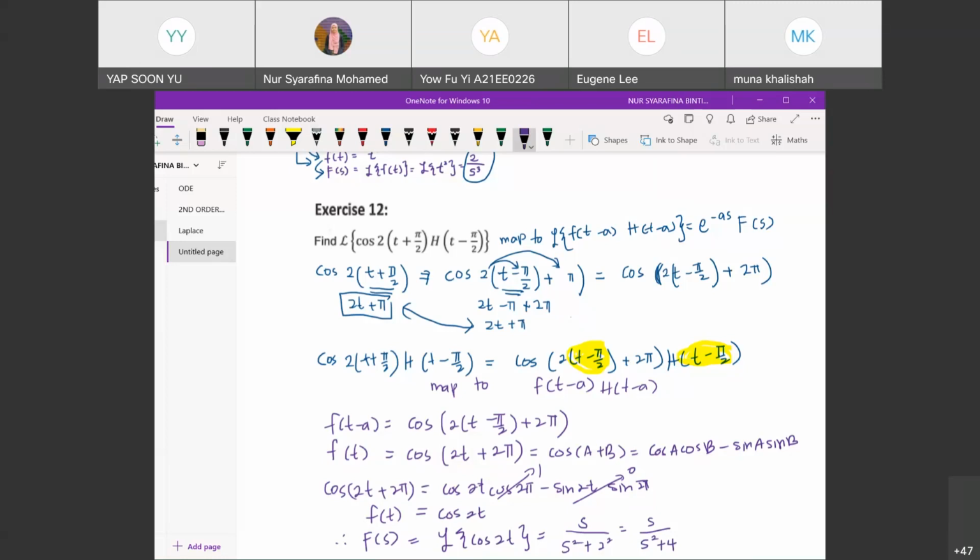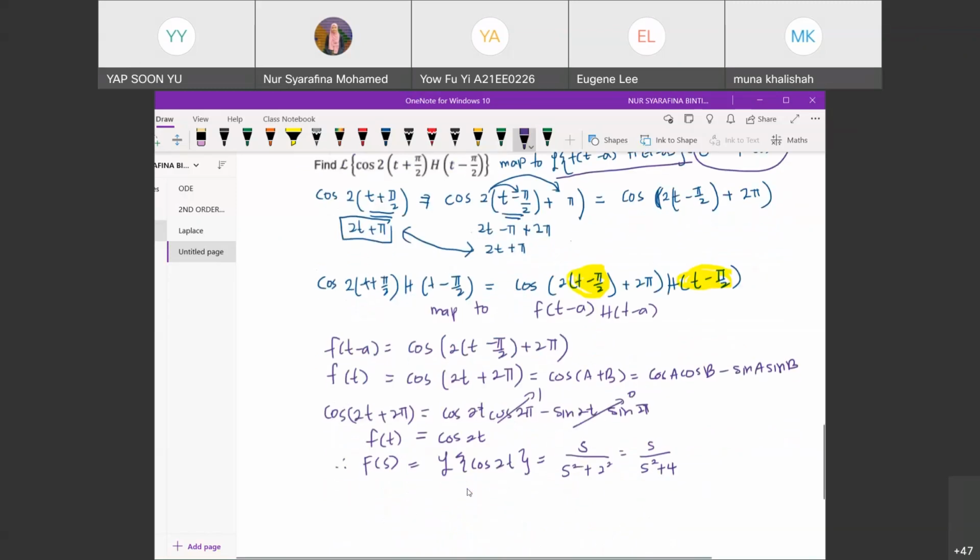Clear now? So when it is mapped to f t minus a, h t minus a, the transformation is exponent negative as F s.